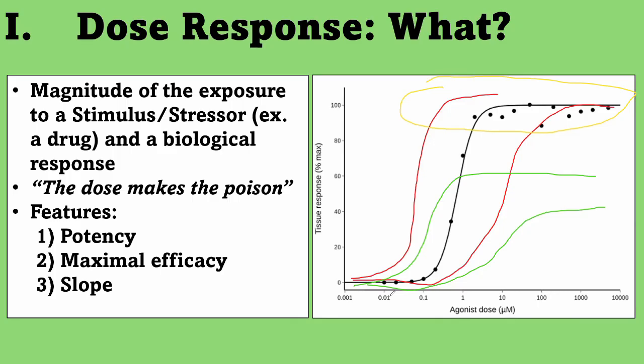And then finally, one is slope. That's the change in response per unit dosage. We can see here that the red ones will have the same slope. But say if we do a blue one here, we could imagine even steeper slopes or even much more shallow slopes.